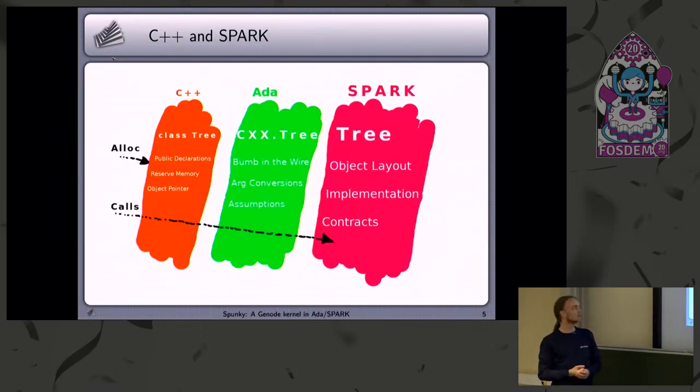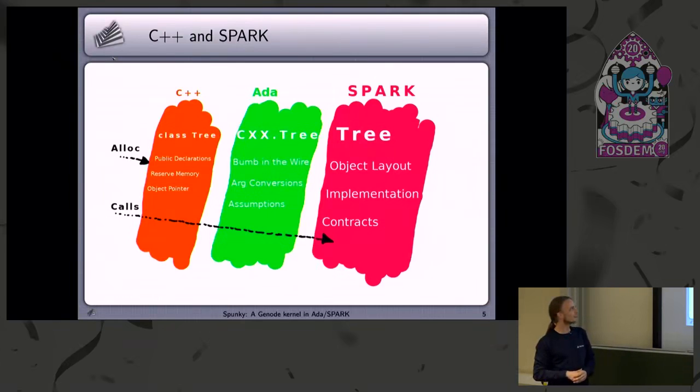But what we had during the design phase of this block encryptor was an in-depth discussion about how to find a good design, how C++ and Ada and Spark can work together. Because the native Genode environment is in C++, and we don't want to change this in the first step, of course.